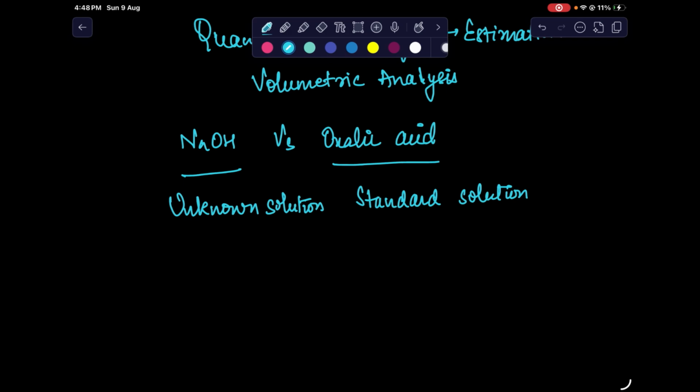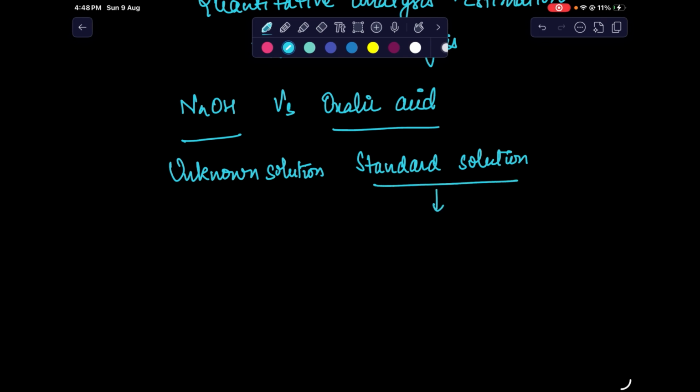So we will find out the concentration of NaOH using the oxalic acid, which is the standard solution here. So standard solution means the solution whose concentration is known to us, right? Known concentration. So that is why the whole experiment is done in two parts.